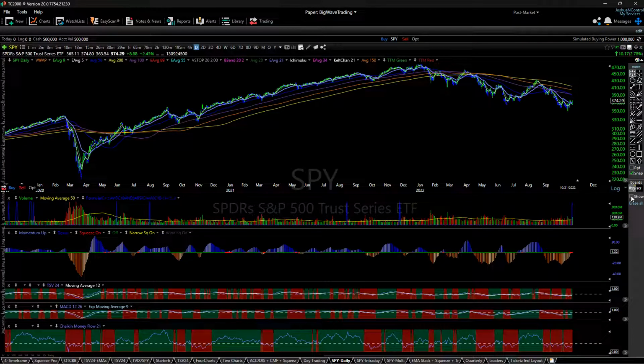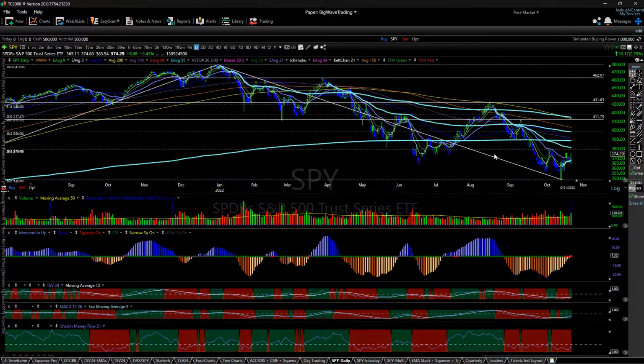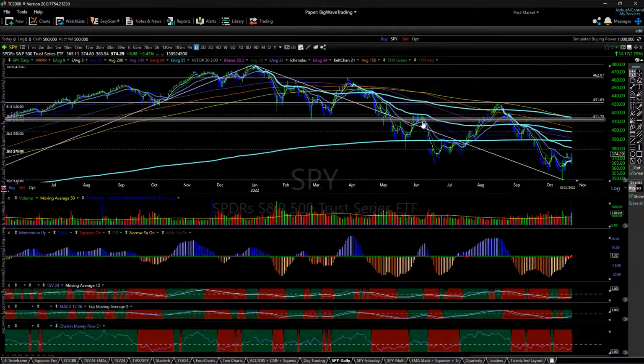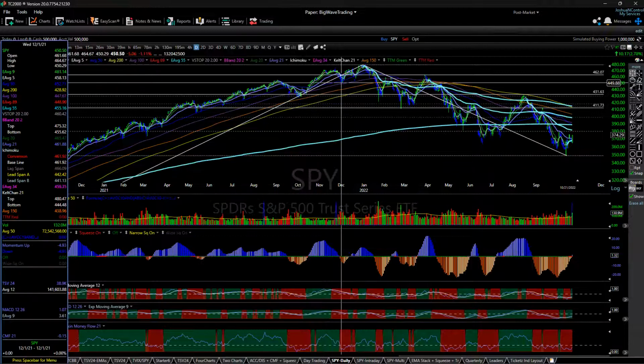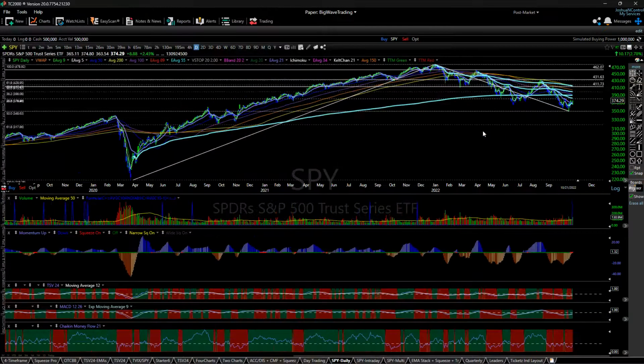Now, I didn't give you as many support levels because what I want to show you is, even if you believe that we have bottomed here, look at all the resistance overhead. Not only do you have all of these moving averages, you have all of these anchored VWAPs from the key recent highs, then look at all these Fibonacci retracement levels that are also going to act as areas of resistance. And I didn't even add previous support levels that would act as resistance.